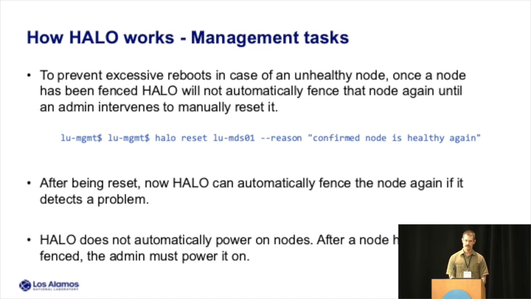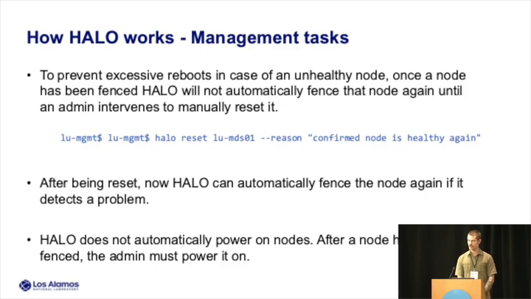So Halo's trying to be conservative and not do anything that is too risky. Part of that is once the system powers off a node, it will not fence or power off that node again. That's to try to prevent constantly powering off the same node in a cycle if there's some kind of persistent issue.